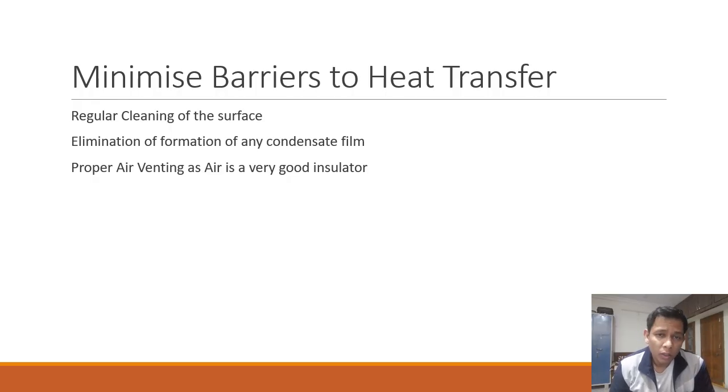If it is formed inside or outside the pipe, then it affects the transfer of heat. Moreover, proper air venting is also crucial because air is a very good insulator. So you must ensure these things in your industry in order to make maximum use of the costly steam which you have produced in your plant.